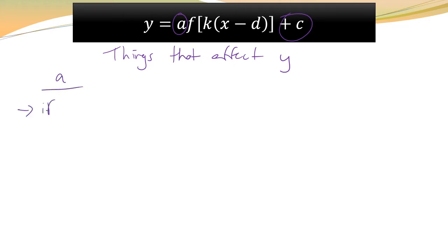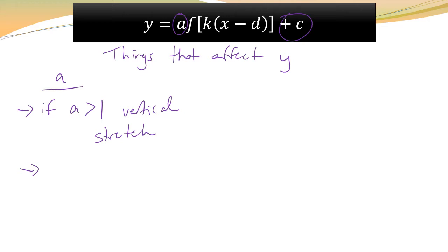We're still going to build off of that, but now we're going to switch gears to things that affect y. And that would be A and C. So let's start with A. If A is bigger than 1, it results in a vertical stretch.